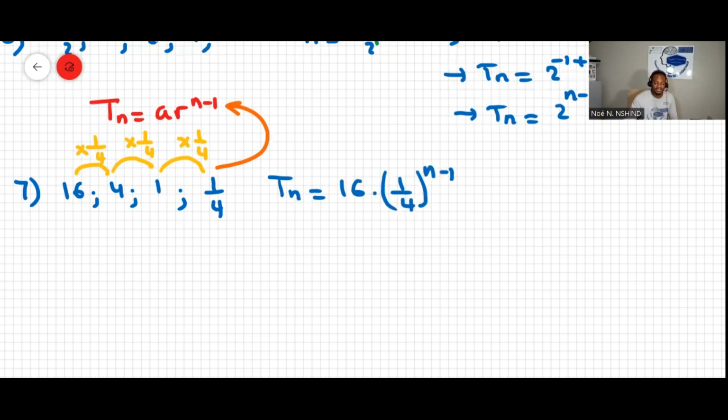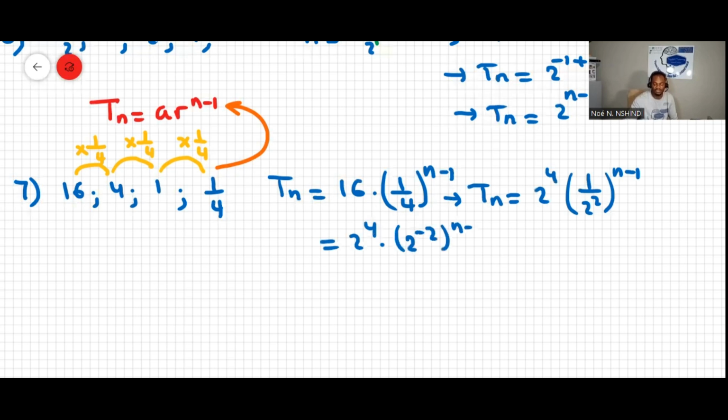Now we can simplify this, because we can. Tn will be equal to 16, which is 2 to the power of 4, and the quarter is 1 over 2 squared, to the power of n minus 1. Then 2 to the power of 4 times 2 to the -2, to the power of n minus 1.